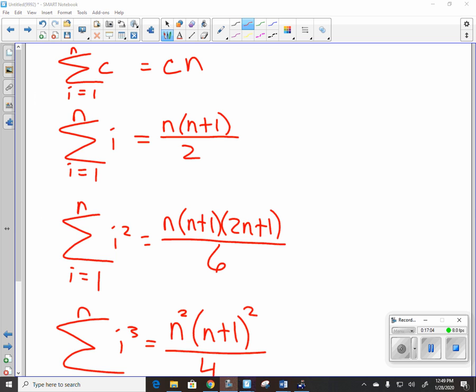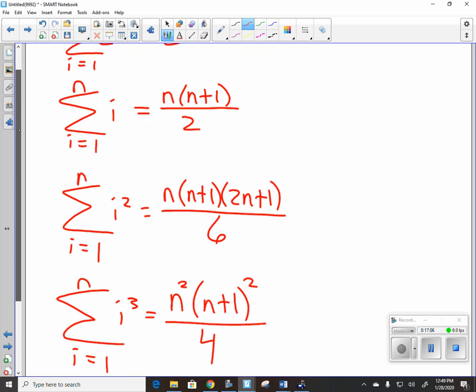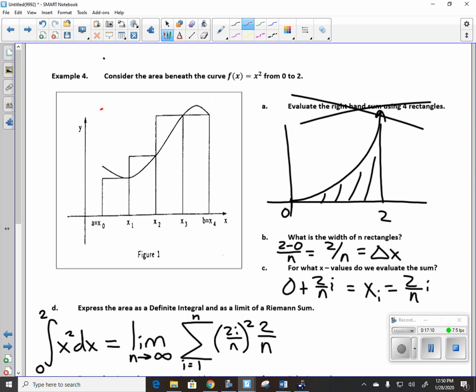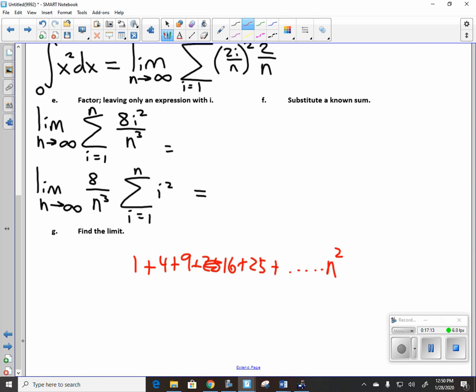Use the algebra. Here we go. These are the 4 summations you need to keep in mind. We flip back to this spot. Let's do it. I've got to get rid of that guy right there. So I need to substitute a known sum. So I have the limit as n goes to infinity of 8 over n cubed.